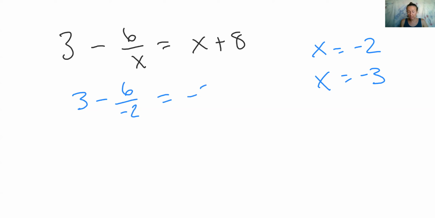And if we want to check that they both work, we can do 3 minus 6 over -2. Does that equal -2 plus 8? And so this is going to become a 3 plus 3, which is going to be a 6. And on this side, we're going to have -2 plus 8, which is also a 6. So yes, that -2 works.